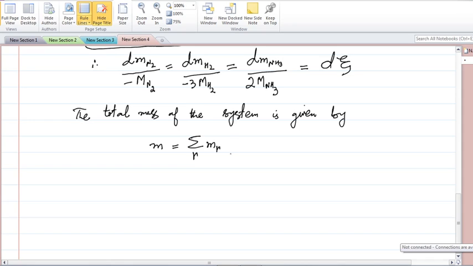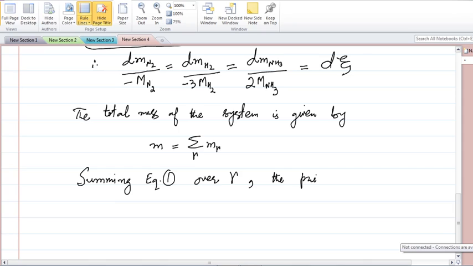Suppose a number of reactions are taking place, but they are, you can say, continuous reactions, and we will simply add their masses. So summing equation 1 over gamma, that means gamma is nothing but number of basically these reactions here taking place.